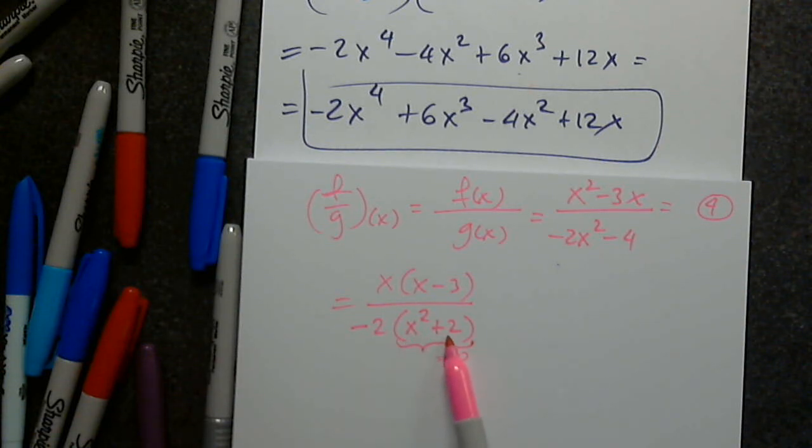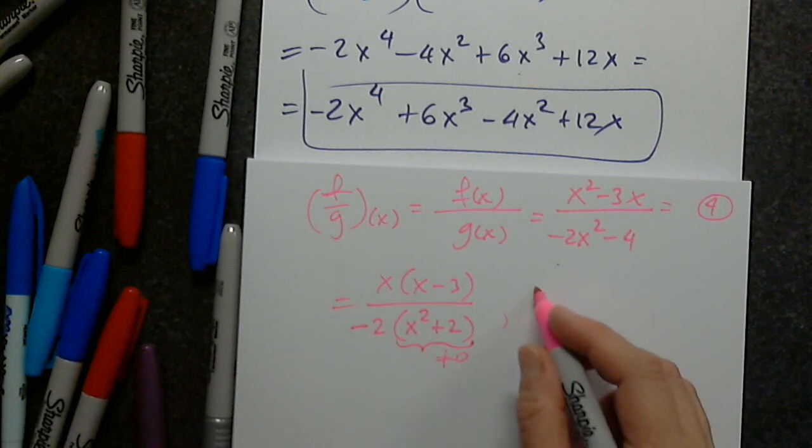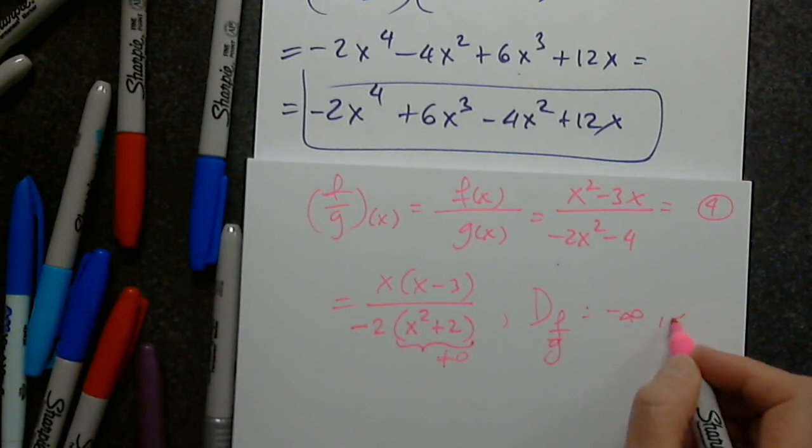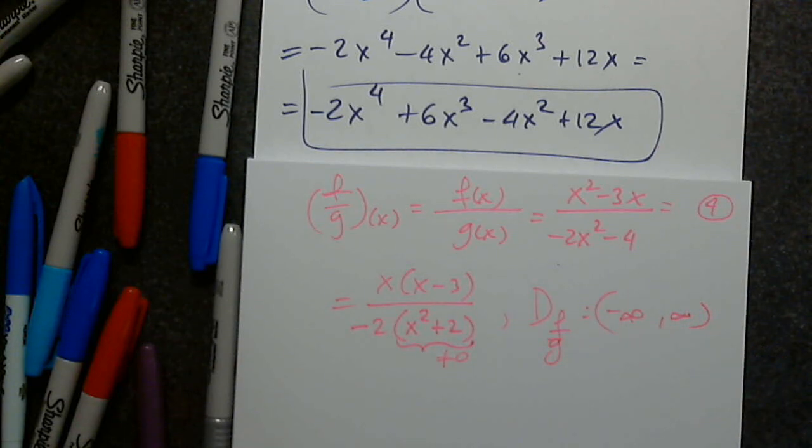It's a positive number plus 2. A positive number plus 2 can never be 0. So it happens that for this situation, the domain of the ratio is the same as the common domain, because there are no restrictions on the denominator. Okay, any questions?